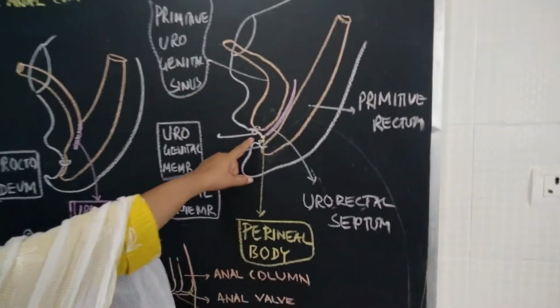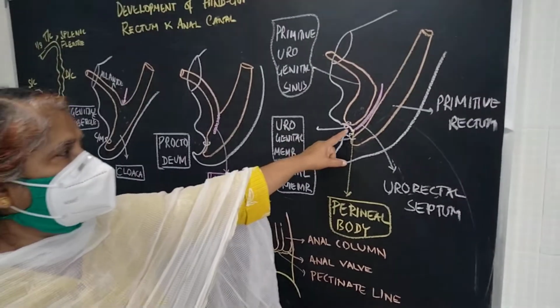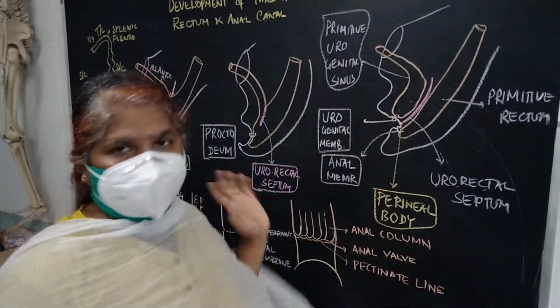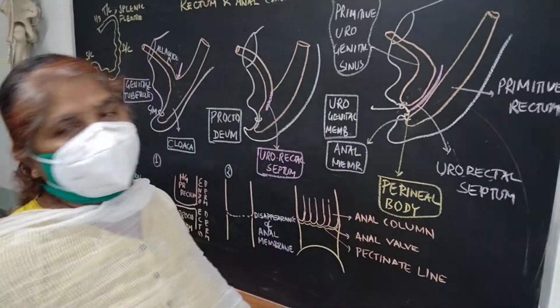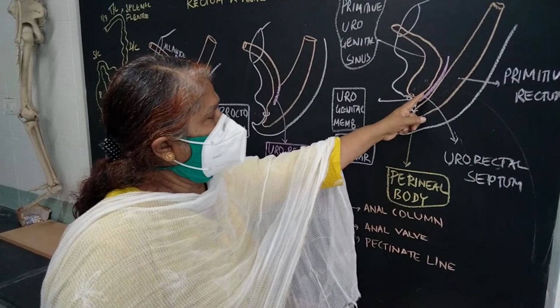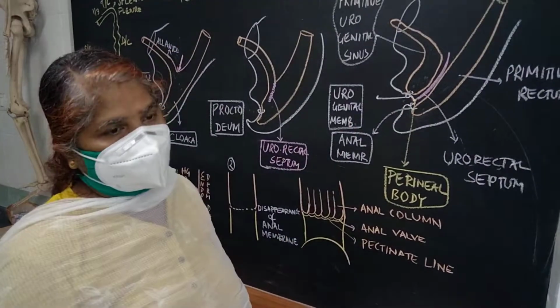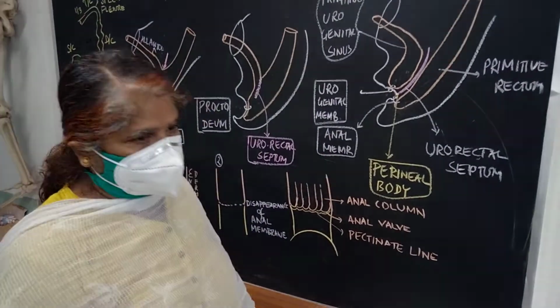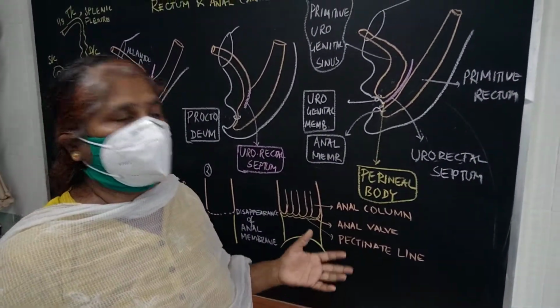Now the cloacal membrane is divided into two parts. Along with the urogenital system, this is called the urogenital membrane. Along with the primitive rectum and anal canal, this is called the anal membrane. And where the urorectal septum touches the cloacal membrane, that is called the perineal body. That part will develop in future as the perineum.